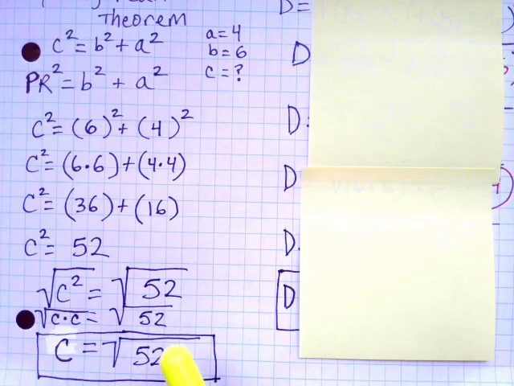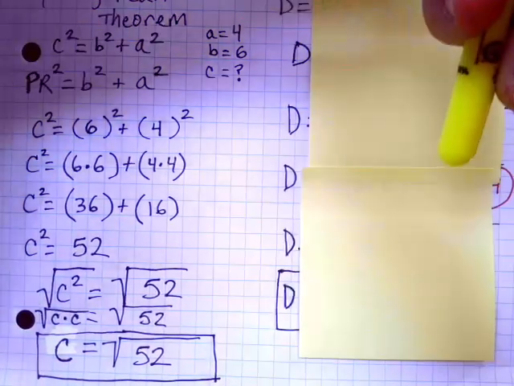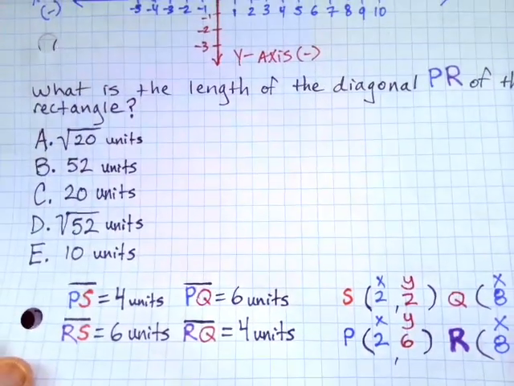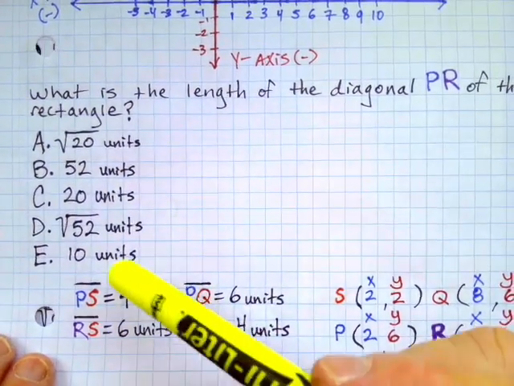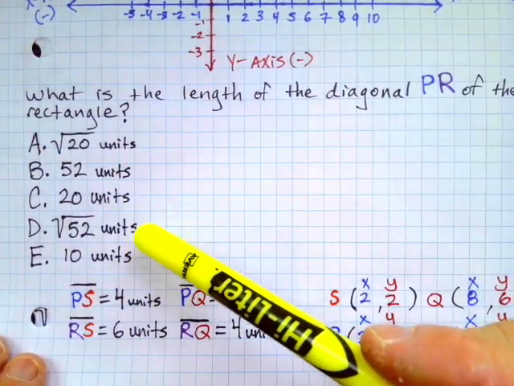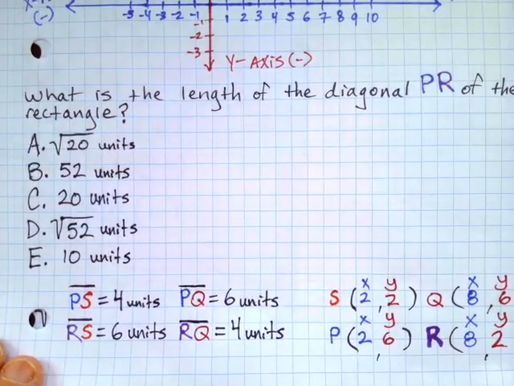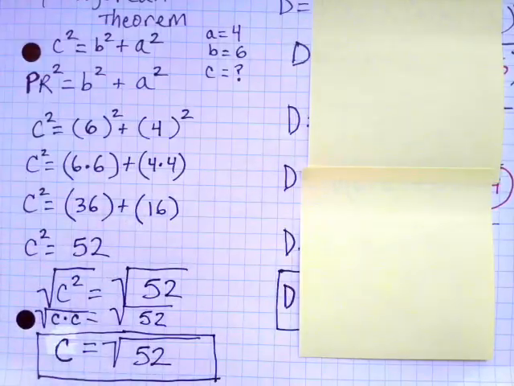I'm 3 off from that with 52. 8 times 8 would be 64. So 52 is not a perfect square. I'm going to leave this in the form c equals the square root of 52. And if we take a look at the original options, D, square root of 52, would be the answer for this particular problem.